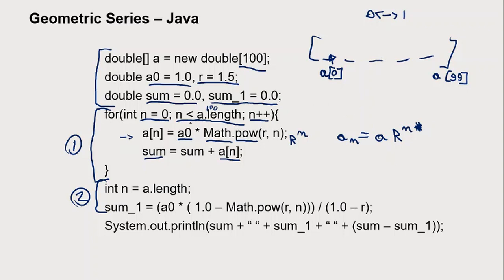And by doing that, by looping so many times, in fact 100 times for an array of size 100, you fill in the entire array, and at the same time you calculate the summation. You calculate the series over that sequence, which is the total of all the terms. So that's the robust method, the very brute force method, if I can call it like that, but it gives you the right result. It involves 100 iterations though.